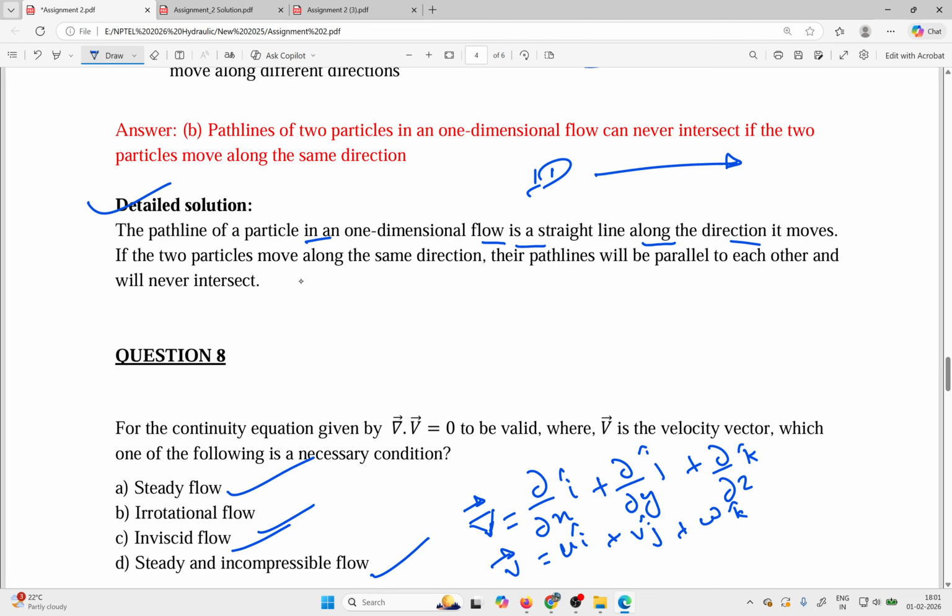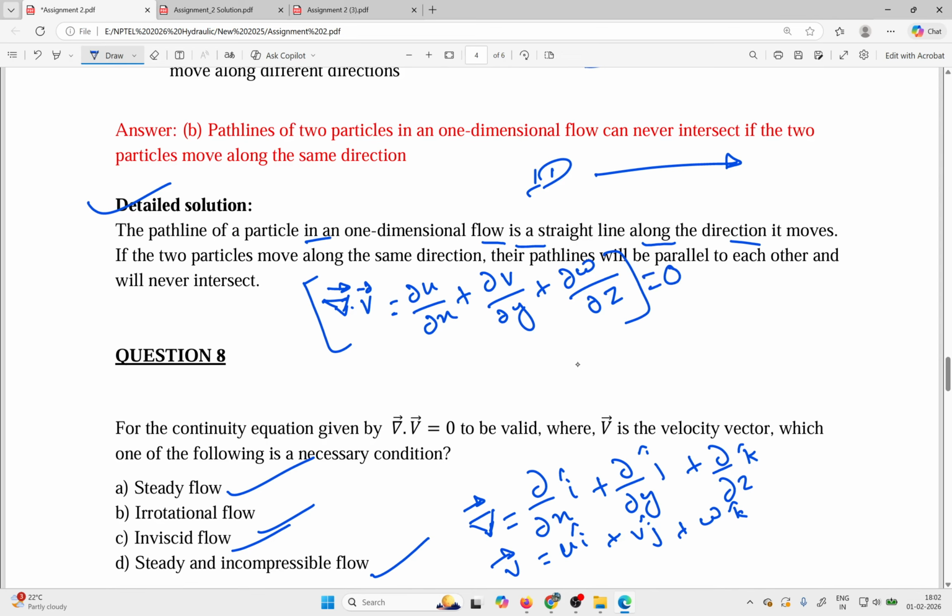So here del dot V vector is del u by del x plus, after multiplication, writing directly, del v by del y plus del w by del z. If it is equal to 0, you can write it.